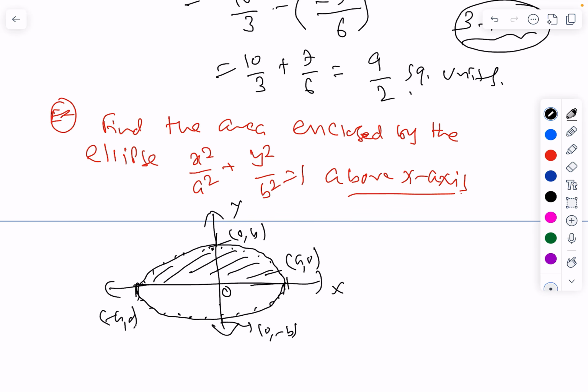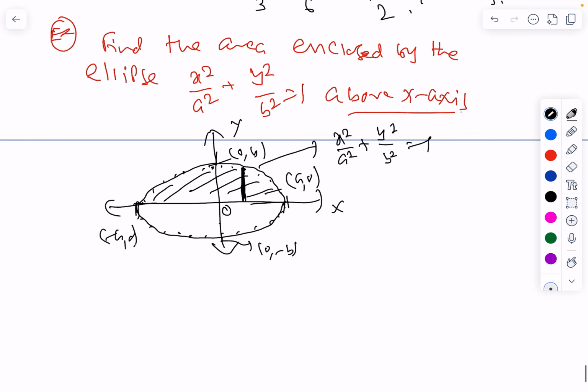So here also, this curve is x square by a square plus y square by b square equal to 1. We can take the horizontal or vertical any kind of strip. That means limit of y first or x first, not a problem. If I take the limit of y first, then the limits are y 0 here and y on this curve.